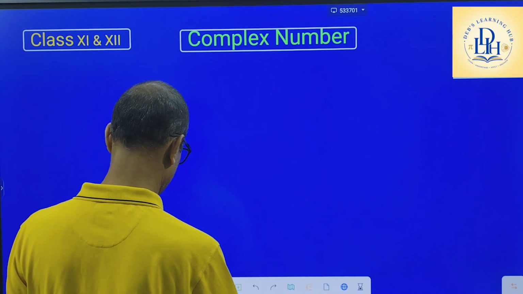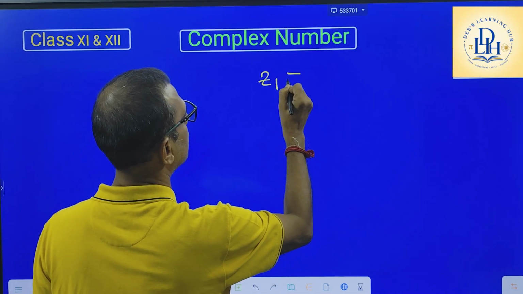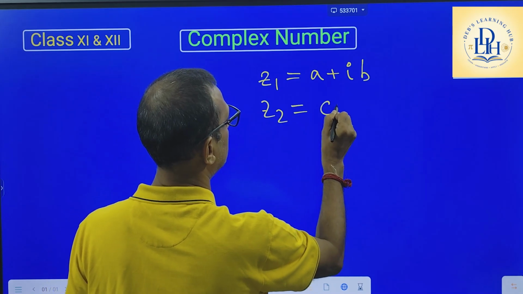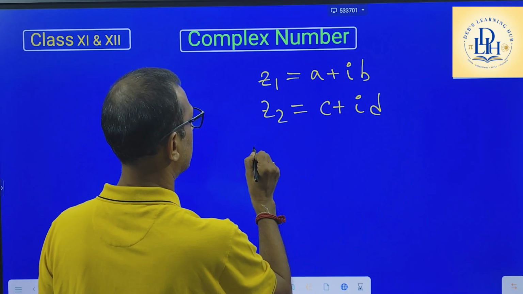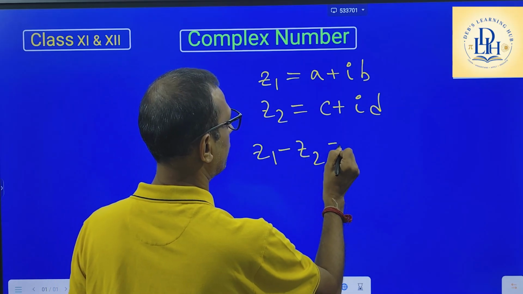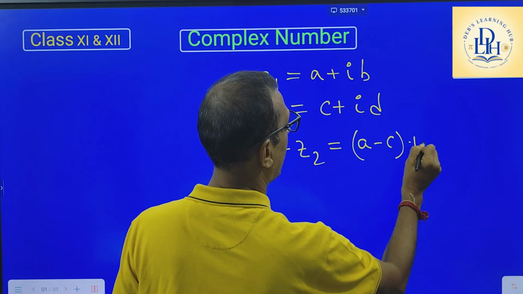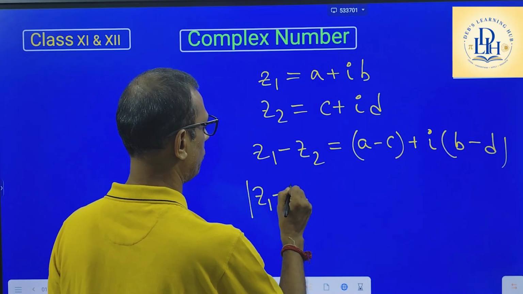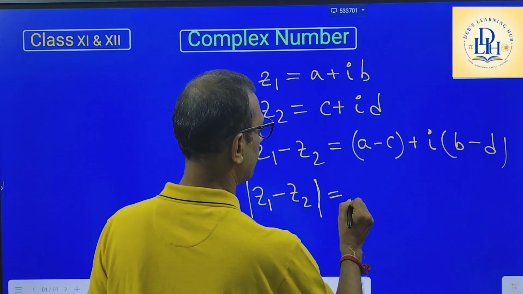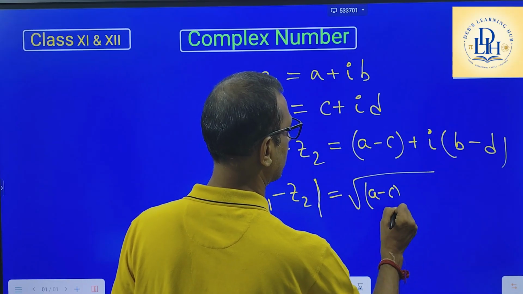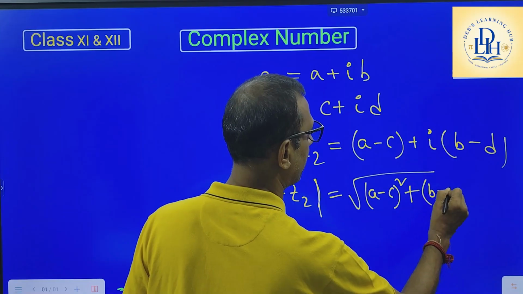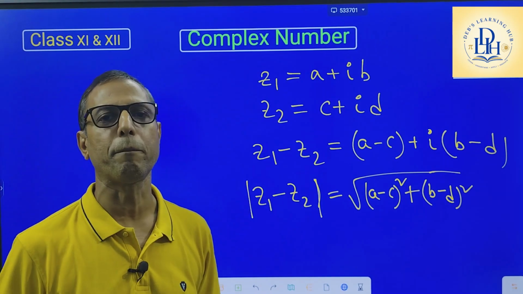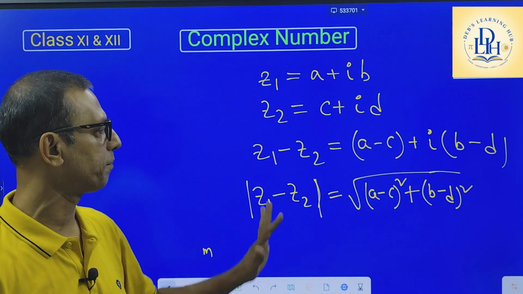If there are two complex numbers, z1 equals a plus ib, and another complex number z2 equals c plus id, then z1 minus z2 equals (a minus c) plus i(b minus d), and mod of z1 minus z2 equals, therefore, root over of real part square, that is (a minus c) whole square, plus imaginary part square, that is (b minus d) whole square, which is nothing but the distance between these two points in the complex plane or Argand plane.